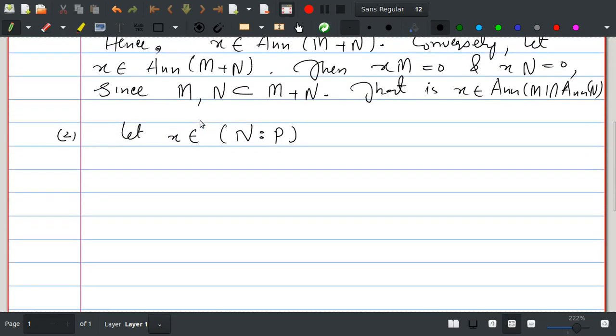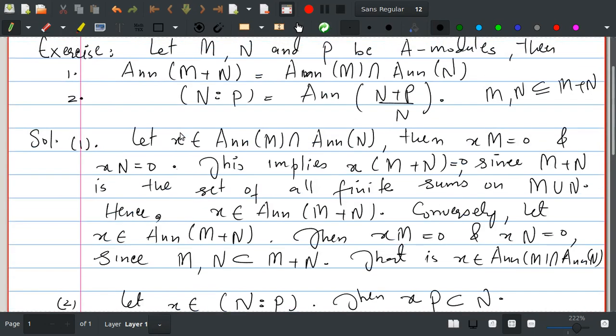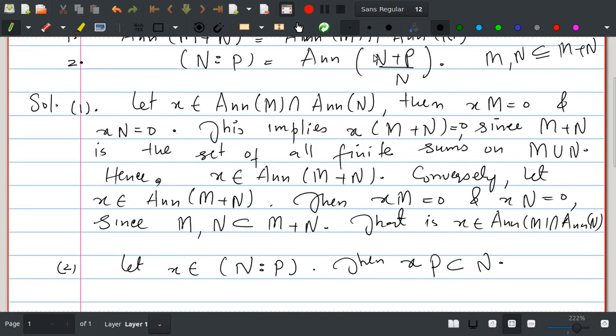So let us consider x to be an element of this colon. Then by definition xP is contained in N. So we have to prove this x annihilates this quotient. It suffices to prove x annihilates any arbitrary element here.